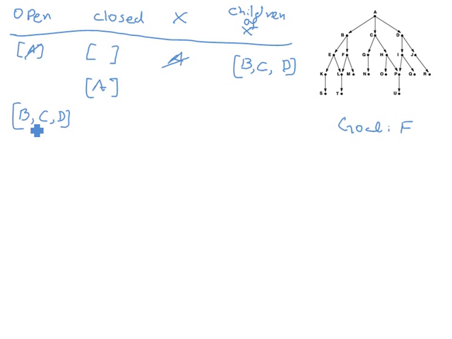So we're going to remove B from here and put that into X. Okay. And then we check if X is the goal node. Is it the goal node? In this case, it's not. So we're going to generate children of X. In this case, the children of X are E and F. Okay.